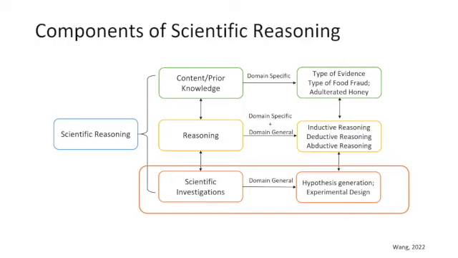For example, if you know how to generate a good hypothesis, it will not matter if you are trying to figure out why your neck feels sore today or why your water tastes bad after a rainy day. Knowing how to ask good questions, generate testable hypotheses, and design experiments to answer the questions are also important skills that a person needs to conduct scientific reasoning.